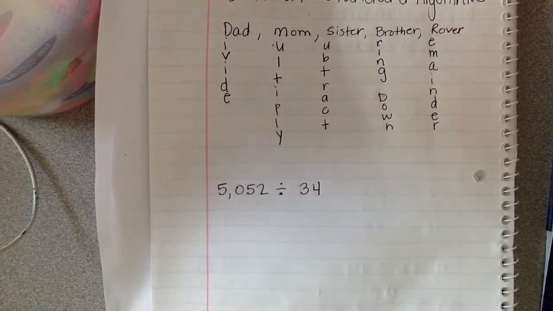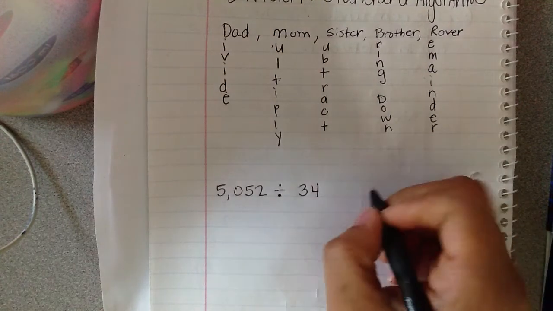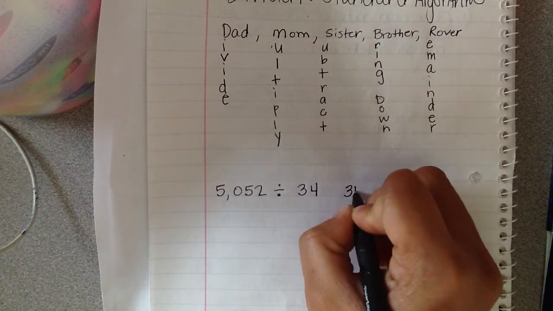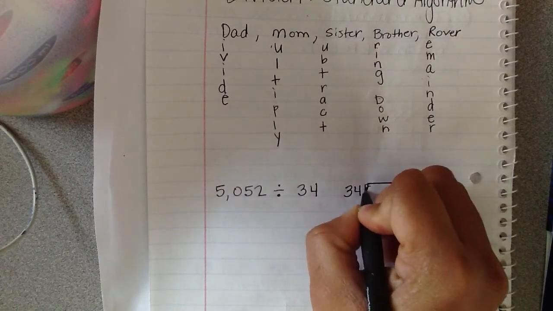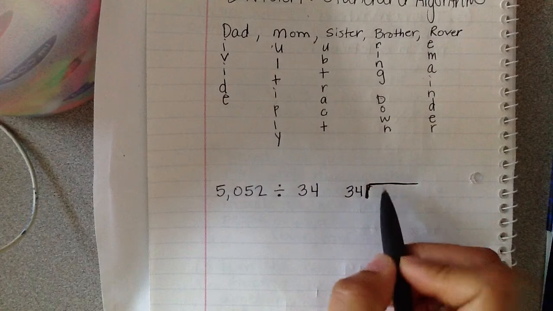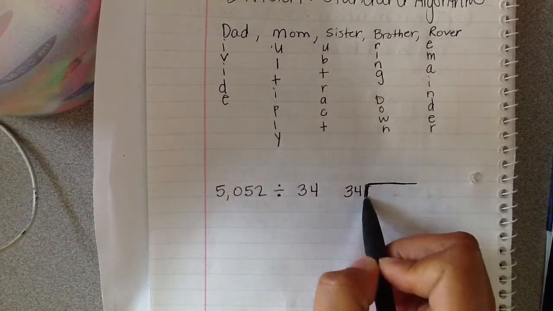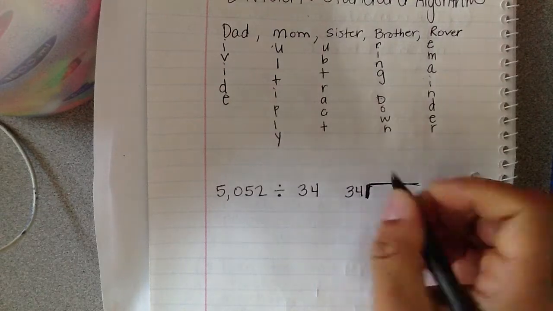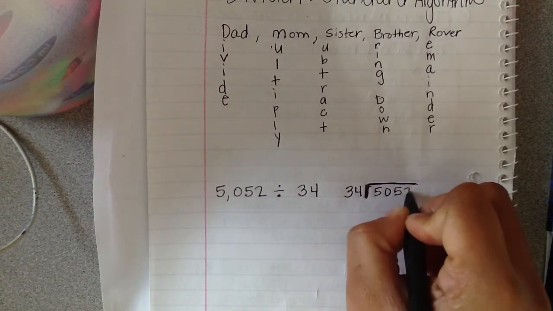In order to set it up with long division or standard algorithm, I have to put my divisor on the outside, just like I do for area models. And I have to put my dividend inside the house. Instead of drawing a full box, I'm going to draw a sideways L, a little part here and a longer part here. So I'm going to write 5,052.